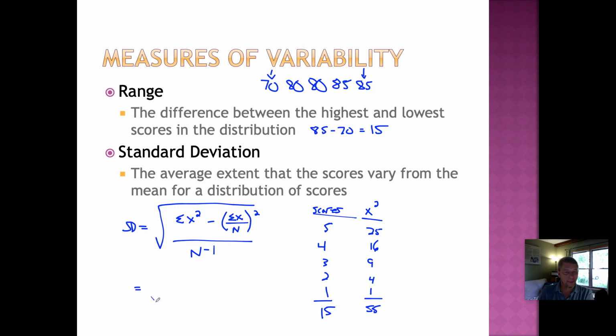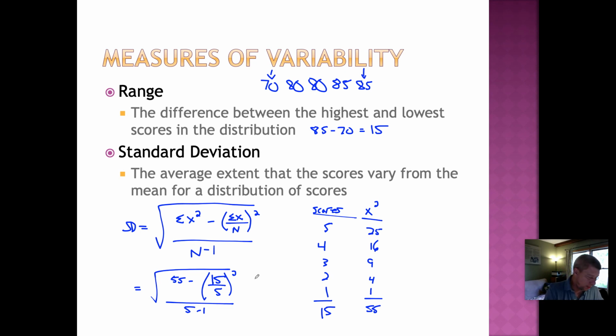So in this example, this is going to equal the square root of 55 minus 15 over 5, quantity squared, divided by 5 minus 1. 15 over 5 is 3. 3 squared is 9. 55 minus 9 is 46. 5 minus 1 is 4. 49 divided by 4 is 12.25.